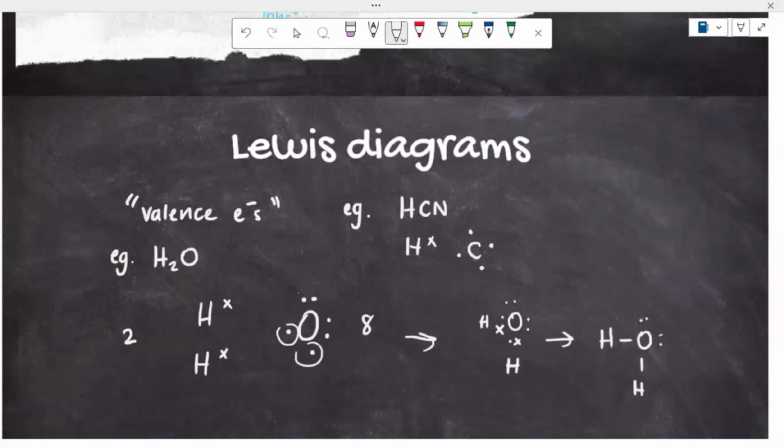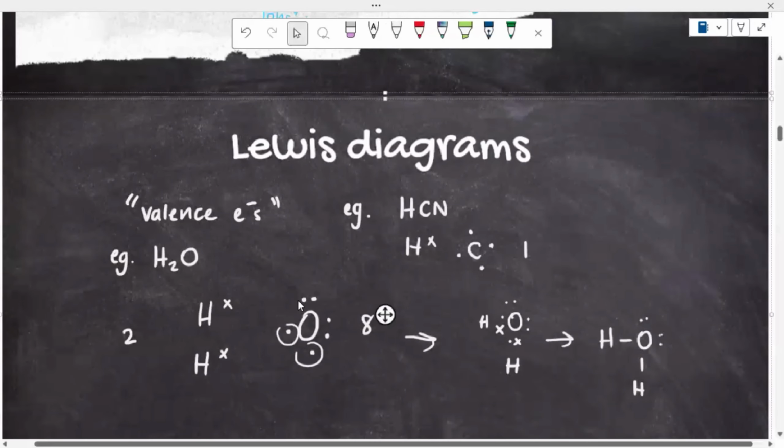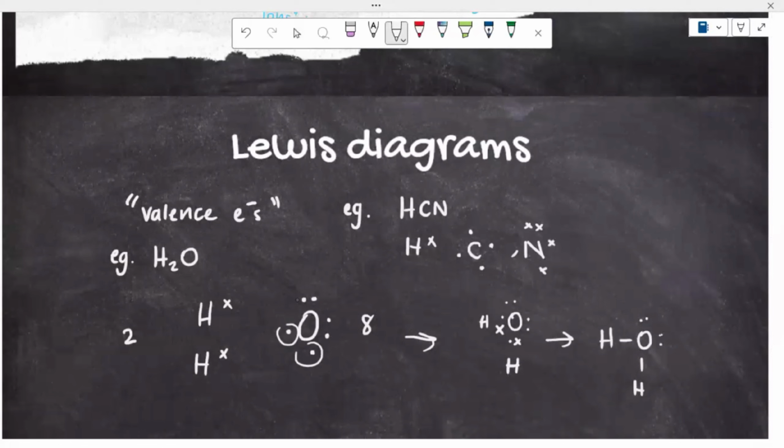So we go back up, and our nitrogen is going to have 1, 2, 3, 4, 5, okay? So we know that the hydrogen is going to bond with the carbon, so we know that for certain. This hydrogen is going to share this electron with the carbon there.